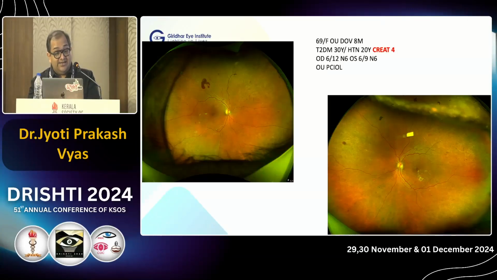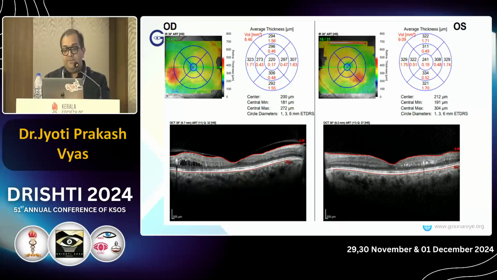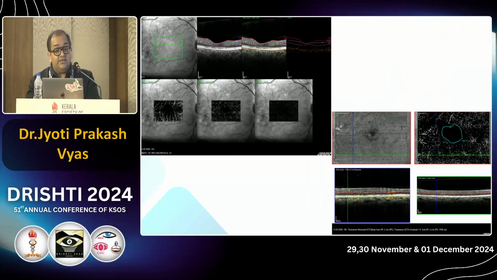Whereas in another case, the right eye was showing proliferative diabetic retinopathy just by the looks of it, and the left eye intuitively you will probably think on the same lines, and the patient also had a creatinine of 4, so he was not subjected to an FFA. We directly went ahead and did an OCT, which showed a normal macula. We did an OCTA. Here the vision is reasonably good.